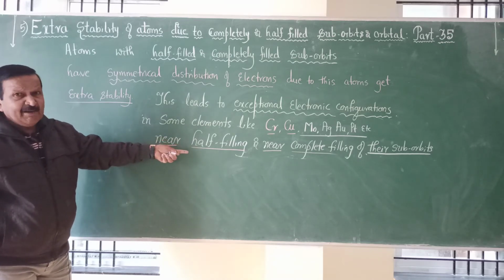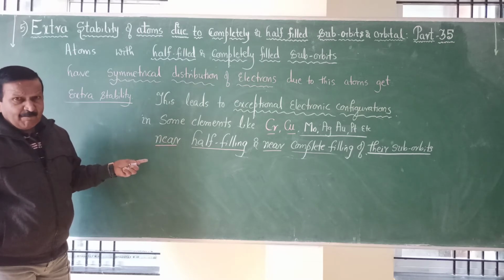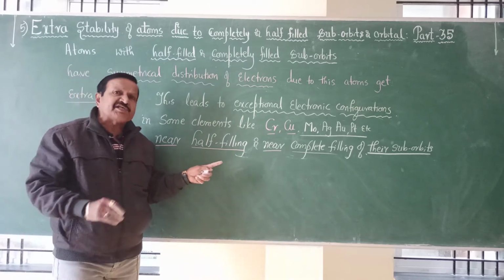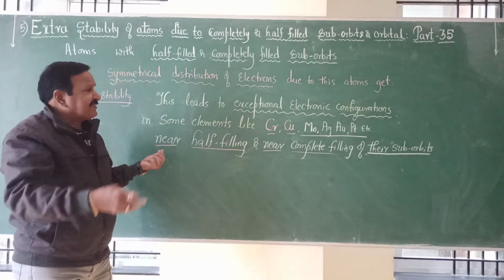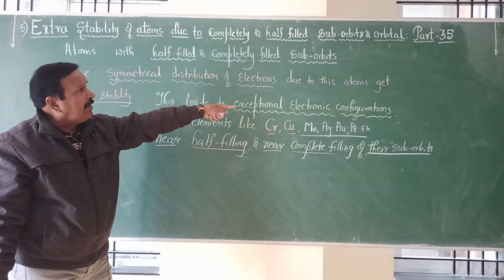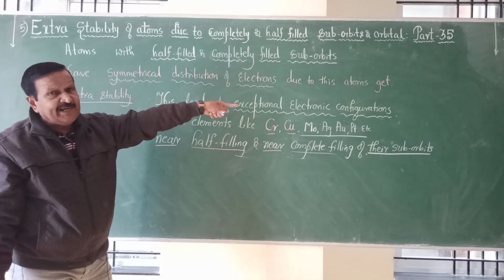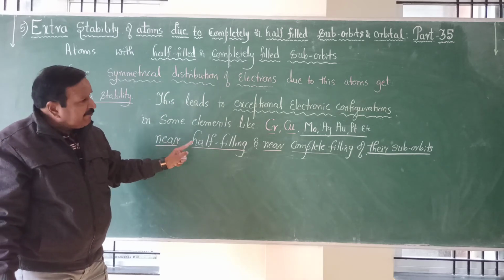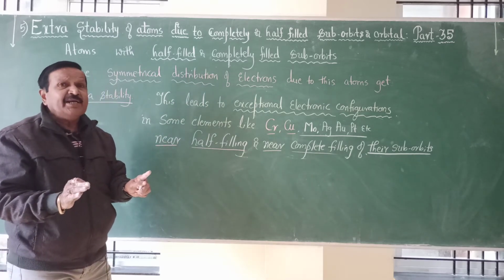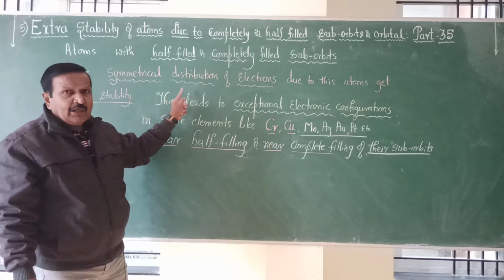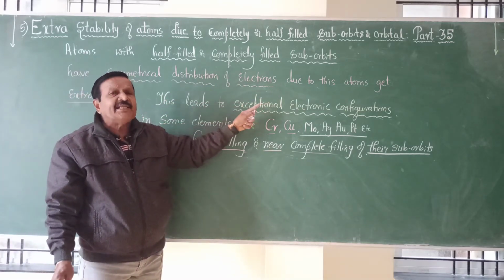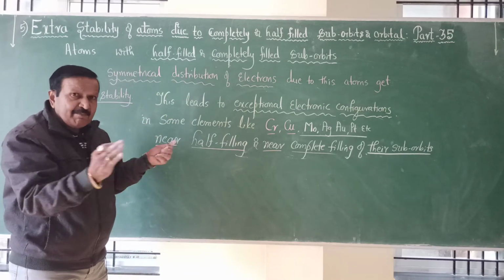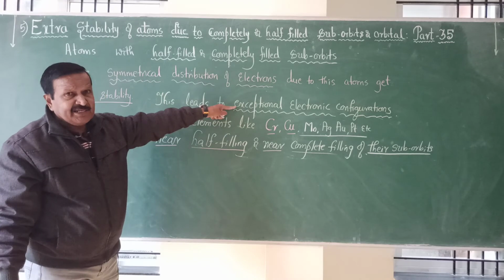Example, in case of d, half filled is d5. If the electron configuration is d4, it will try to achieve the structure of d5 by some arrangement. That is what we call exceptional electronic configuration. Actually only 4 electrons are there in the d orbital. d4 is the correct configuration according to rules, but there will be no d4, it will be converted into d5 by some arrangement, and that we call exceptional.